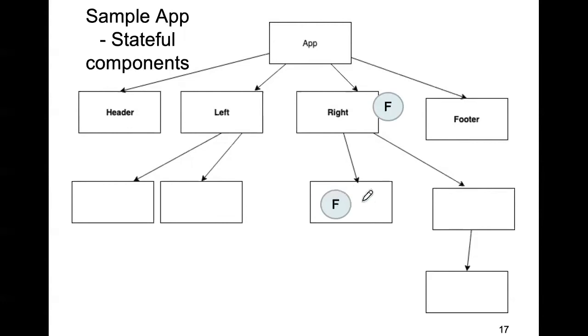Clearly this component needs to know about the current value of the filtering input because it just displays it. This component here also needs to know it because it uses the current value of the various filtering inputs to decide on the list of movies that should be displayed. So it uses it to compute what's going on here.